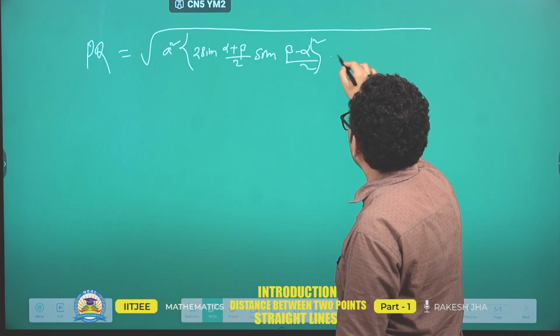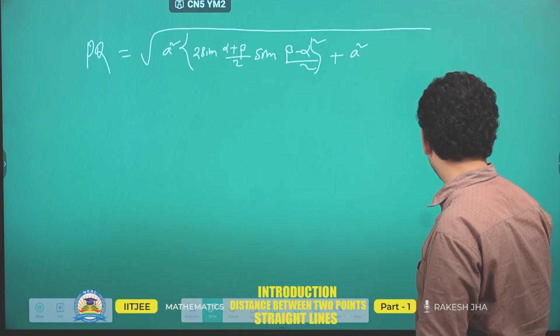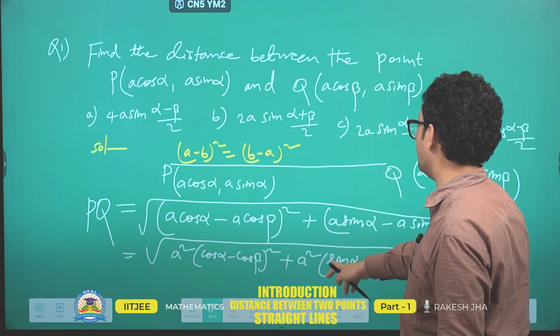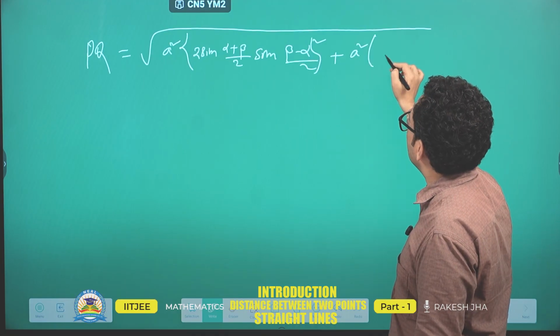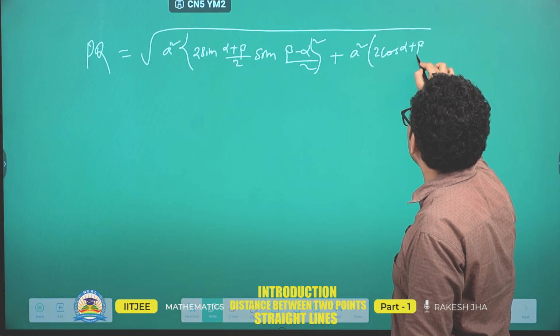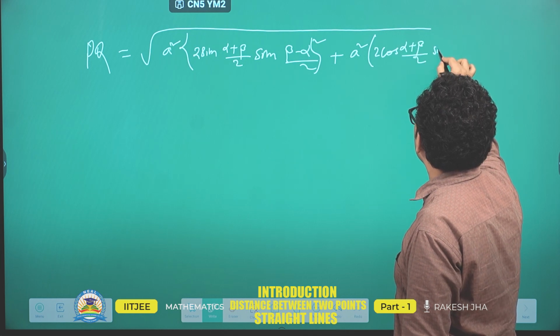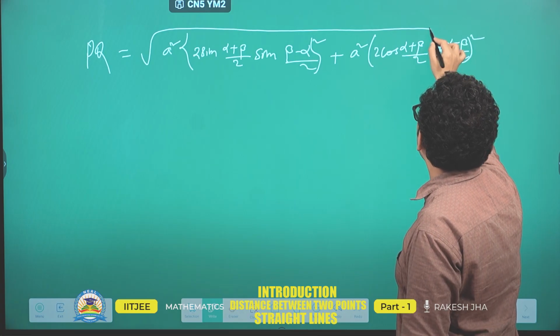And then again we have a square and then sin alpha minus sin beta. If we could see here, sin alpha minus sin beta would be 2 cos (alpha plus beta) upon 2 sin (alpha minus beta) upon 2, whole square.